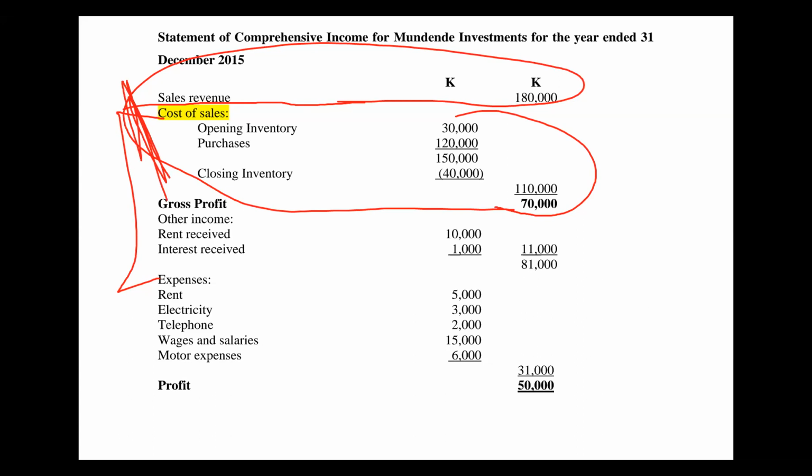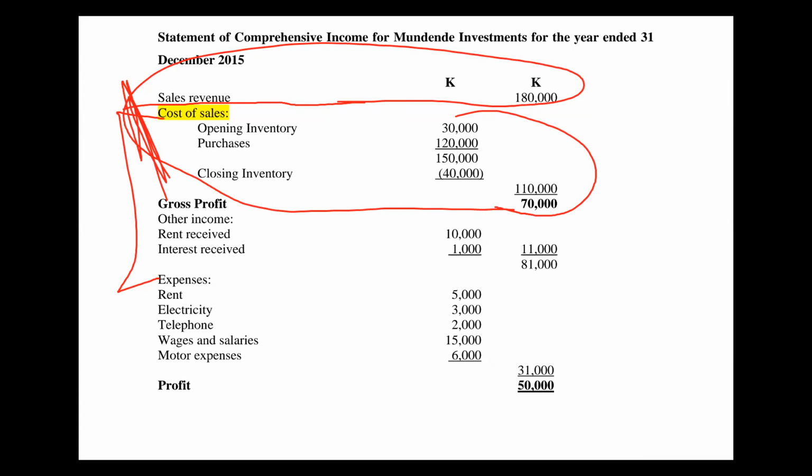So you make the sales, then you remove all the costs. Now, why should you add the opening inventory, and then you remove the closing inventory? You want to find the difference between what you brought into the business from the previous period and what you have ended with.